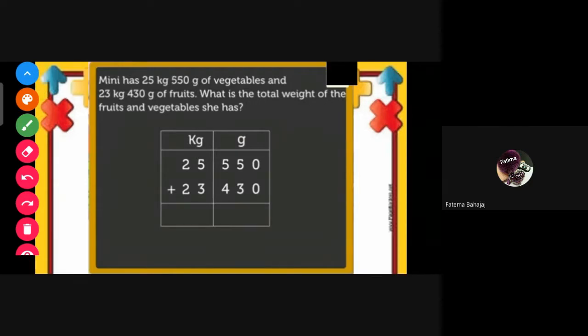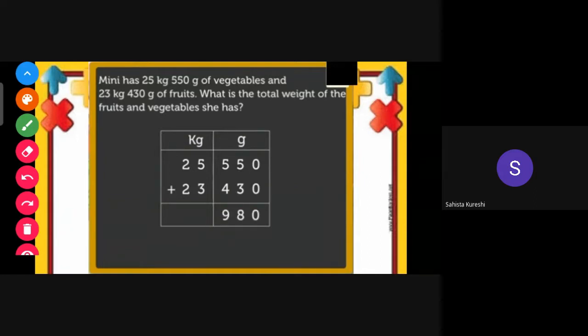Okay, let's see the answer directly, how they are doing. First we will highlight all the digits, and normally we start from the right side, right? So 0 plus 0 together is 0. Then 5 plus 3, 8. Then 5 plus 9, 9, so this is the answer for the gram part.